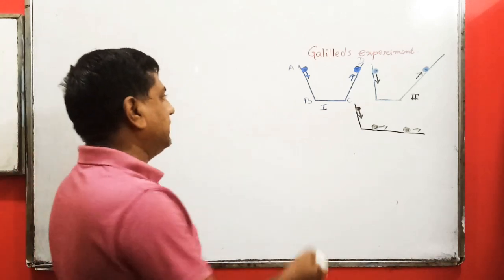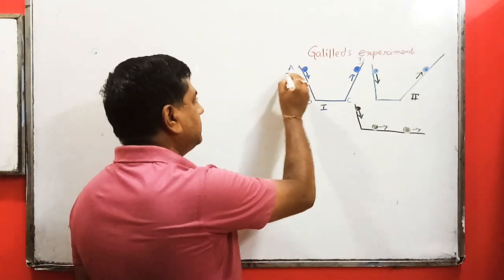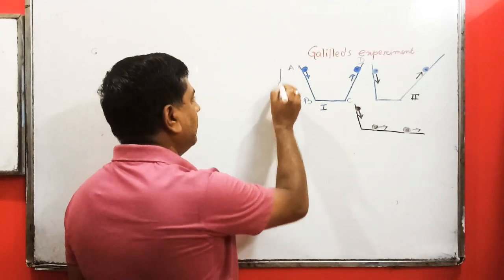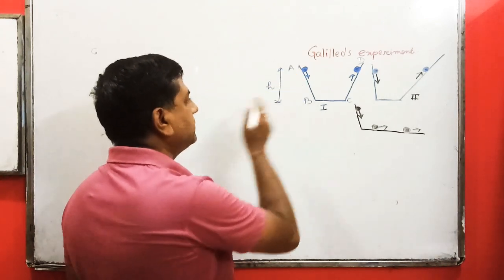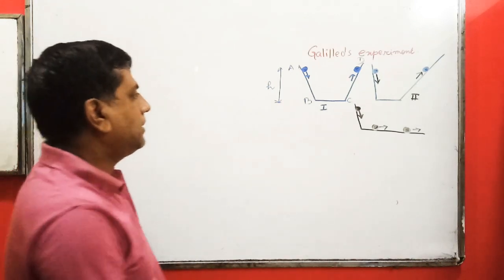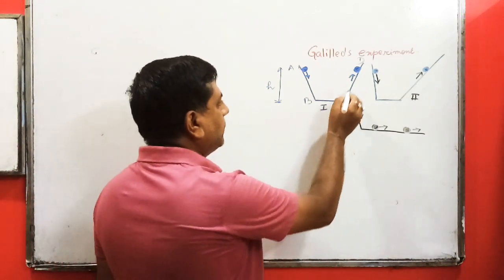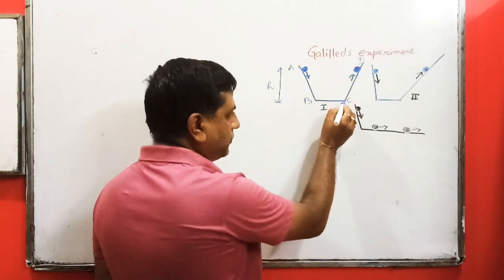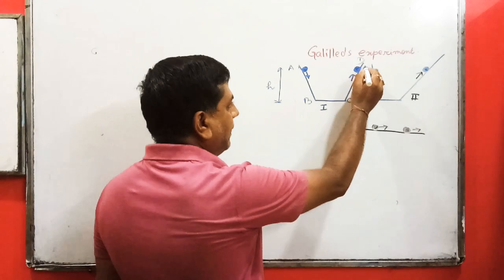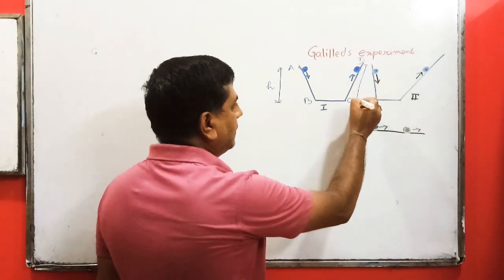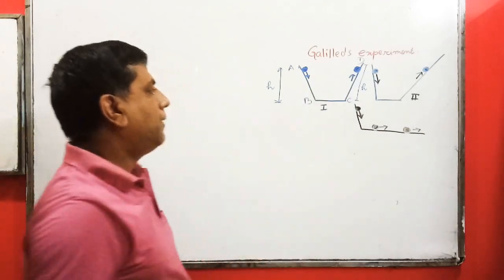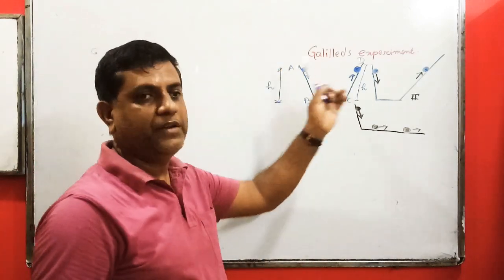Suppose I release a ball from A to B, and suppose this height is H. We can see that the ball reaches a height on this inclined plane. The ball covers some distance maintaining the same height, and the distance is also equal, because the angle of inclination of the two inclined planes is the same.